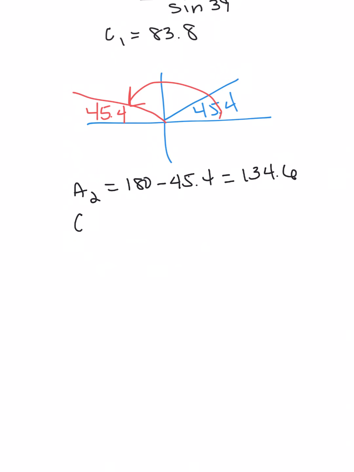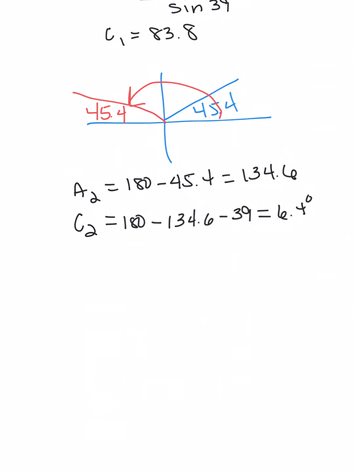To find our second C2, we're going to use the fact that the sum of the angles of a triangle is 180 and take 180 minus the 134.6 that we just found minus the 39 that we were given. So our second possibility for C is 6.4 degrees. Now that we know all three of our angles, we need to find the missing side, which is side C2.